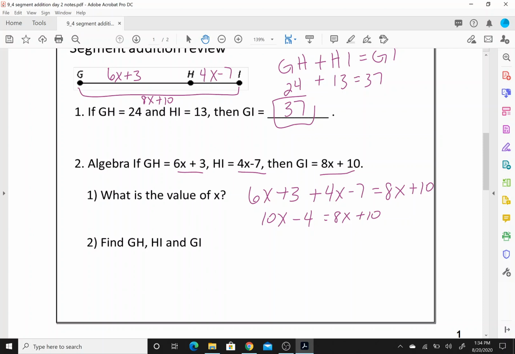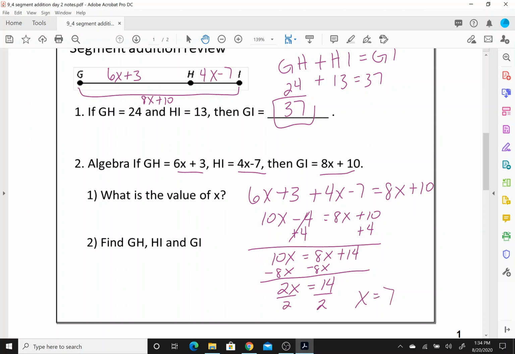So to get rid of minus 4, I'm going to add 4. So I have 10x equals 8x plus 14. I'm going to move this 8x over here by subtracting. So 2x is equal to 14. Divide by 2. x will be 7. So x is 7.